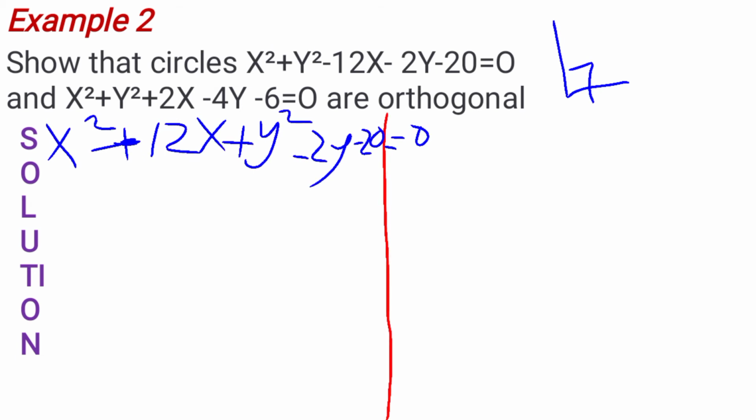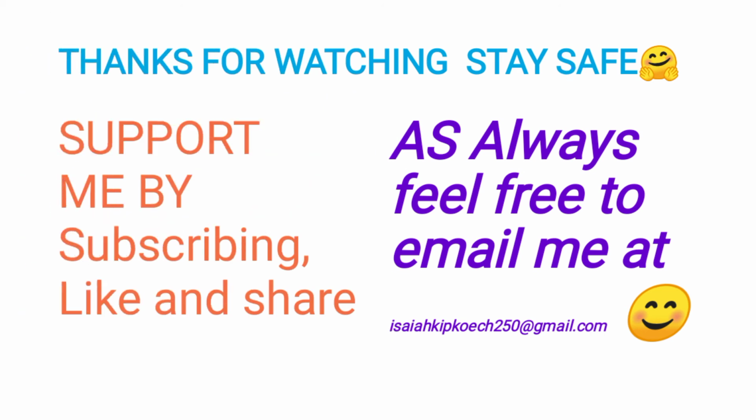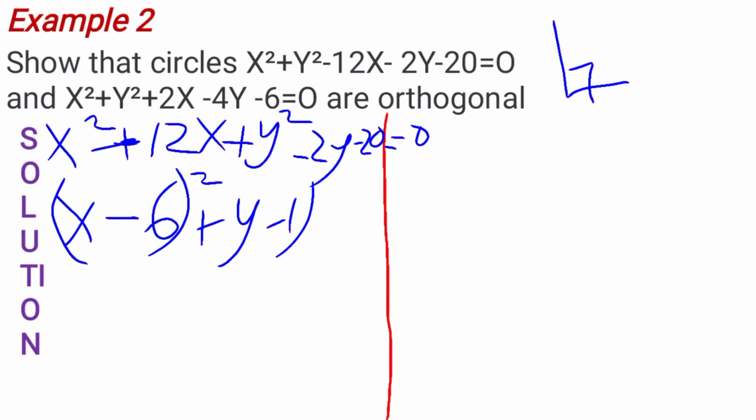Through completing the square, we get x minus 6 squared plus y minus 1 squared is equivalent to 39, because you go and add.